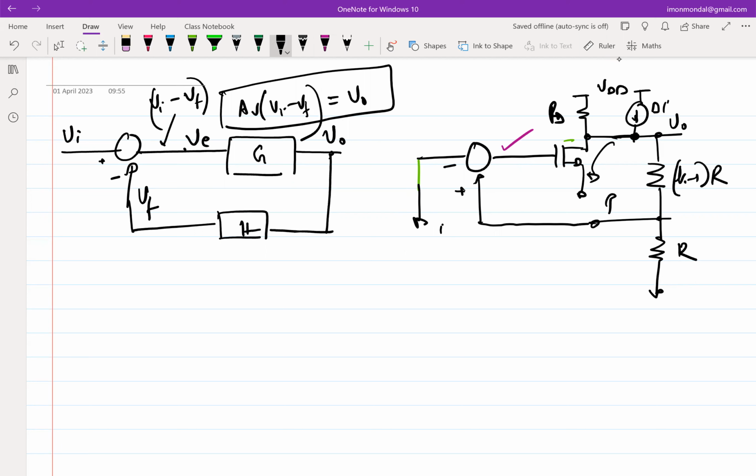It doesn't, right? So this still remains the same. This is VF fed back. This is also VF. So the gain times VF is supposed to be some finite value. And if the gain is infinity, VF has to be 0.